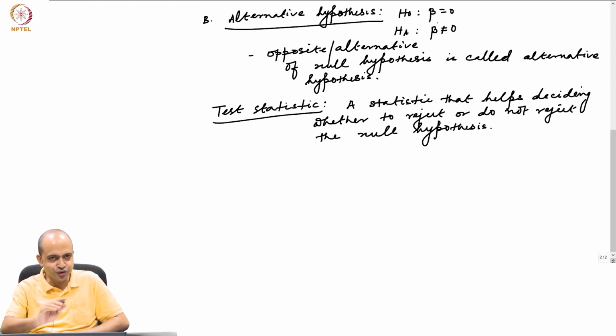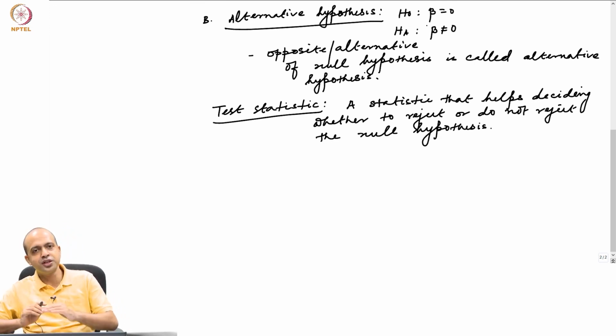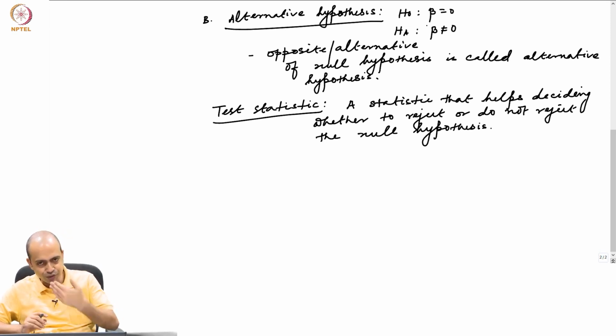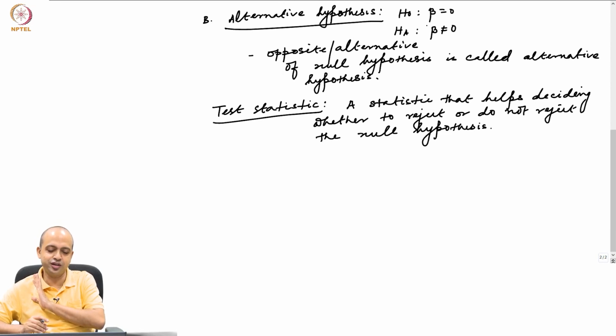When beta equals 0 is rejected, we are saying that income has impact on consumption. If we are not able to reject our null hypothesis, then we will say that income does not have any impact on consumption. And how are we going to decide that? With the help of the test statistic. The value of the test statistic will help us decide either to reject or not reject the null.